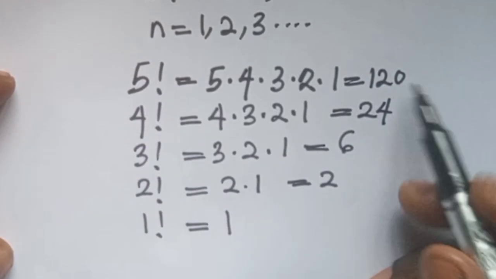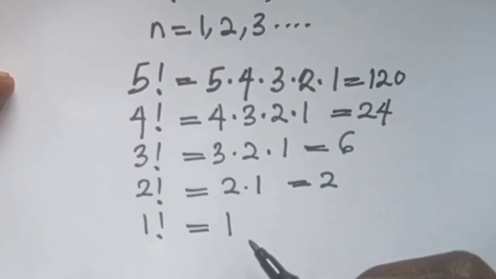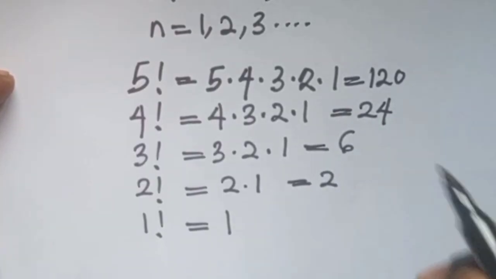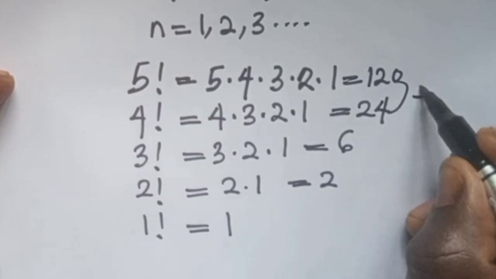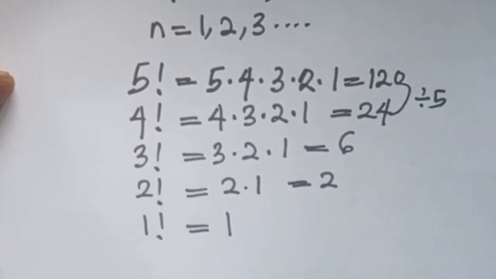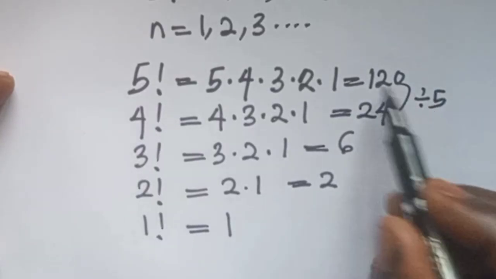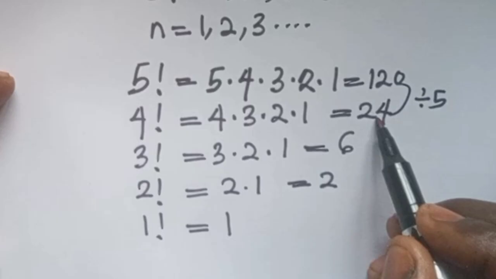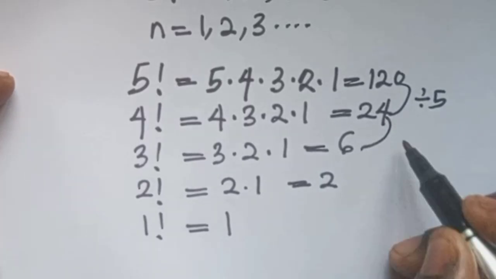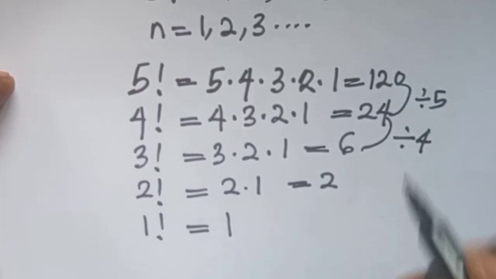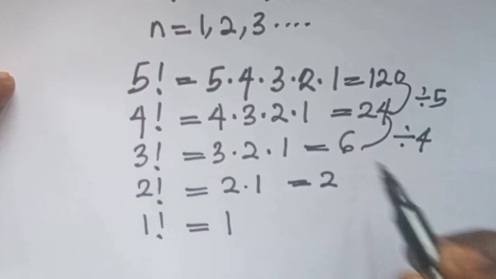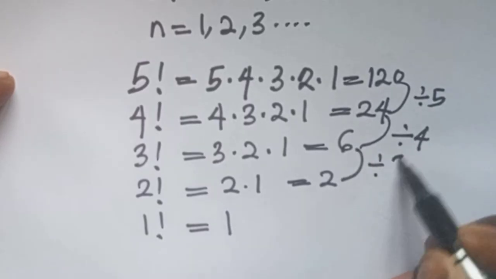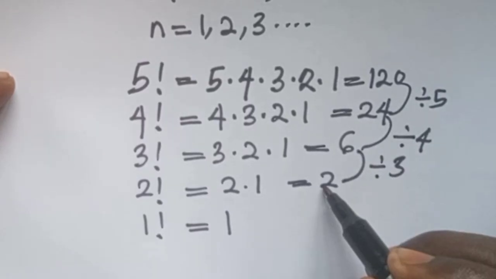So let's look at the results. What pattern can you see? There is no obvious pattern, but if we divide the first one by 5, 120 divided by 5 is 24. If we continue like that and divide by 4, 24 divided by 4 is 6. If we divide 6 by 3, we get 2.